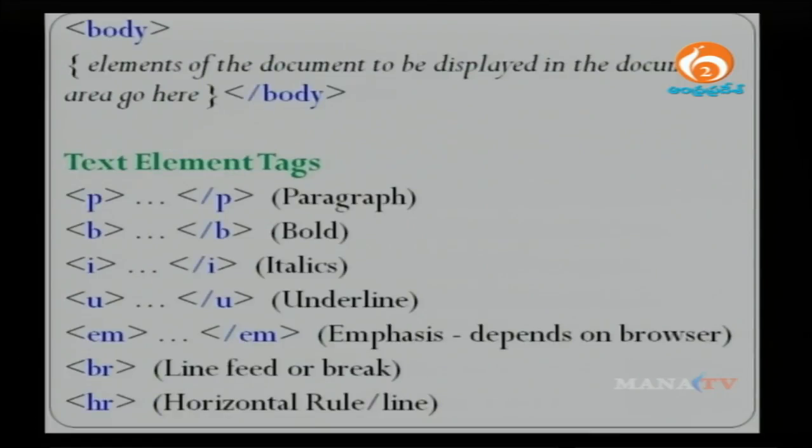So now the next topic is body. This is the important thing. Whatever ideas, whatever requirements that you have, you can mention under body only. What are the examples here? You can mention the images, you can mention the slideshows, you can mention the tables.